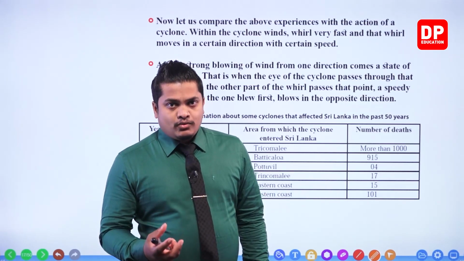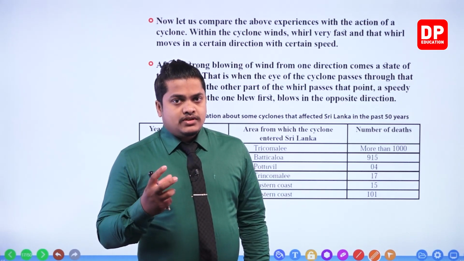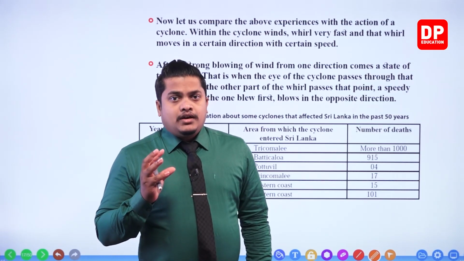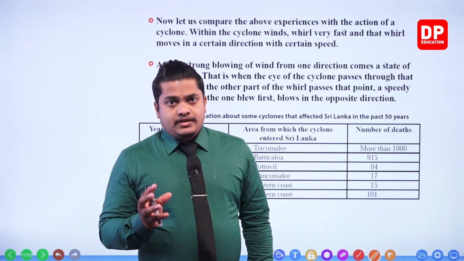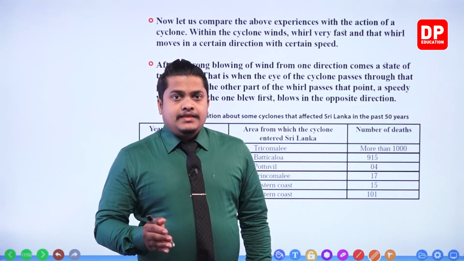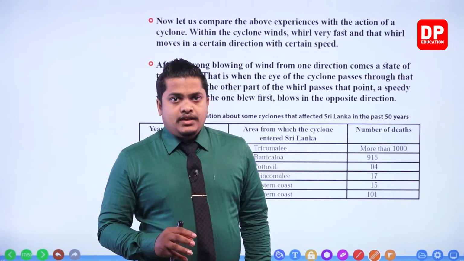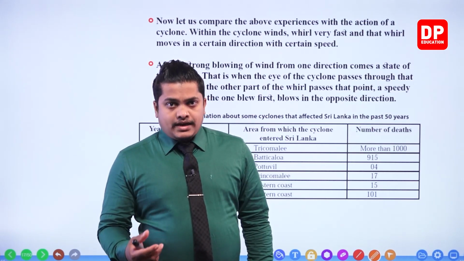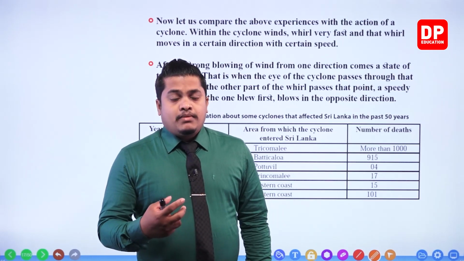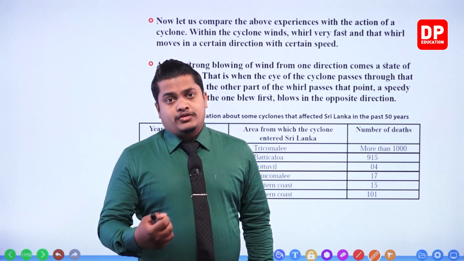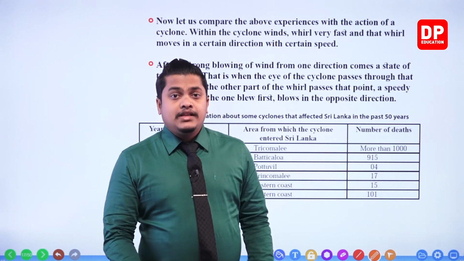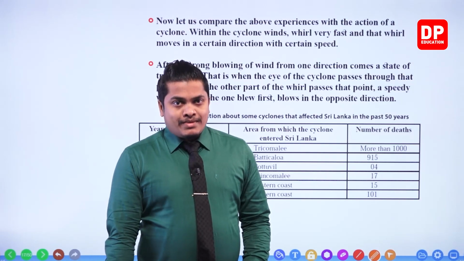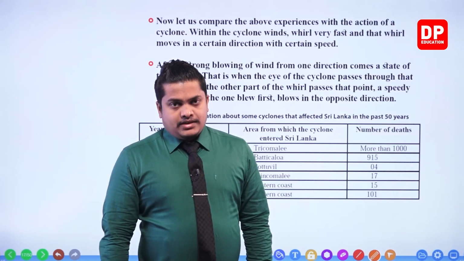Then once again there was an interval where there was no wind or rain. Then after that time interval, again rain and wind occurred, but the wind blew in the opposite direction the second time, right? So I hope that you can remember that incident.